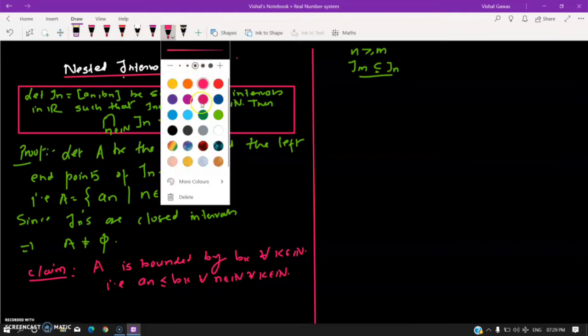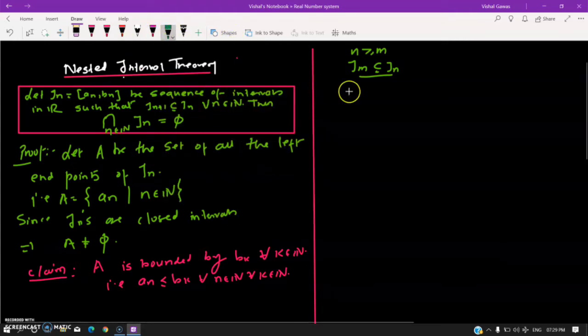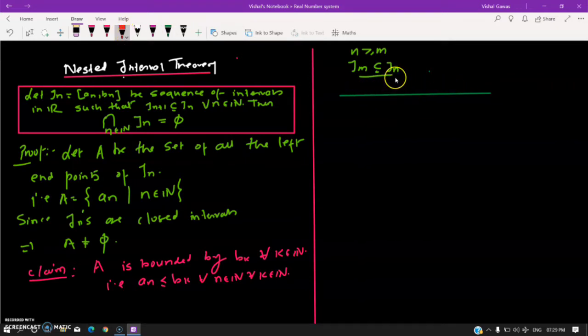Let's look at that with the help of a figure. What's given to us is whenever a number is bigger than the other, like if n is bigger than m, then the interval with endpoints am, bm would be contained inside the interval with endpoints an, bn. So the outer interval here would be an, bn, and it will contain am, bm.